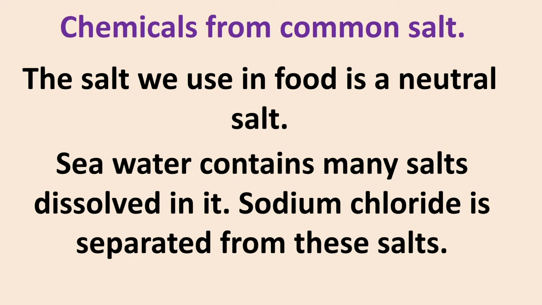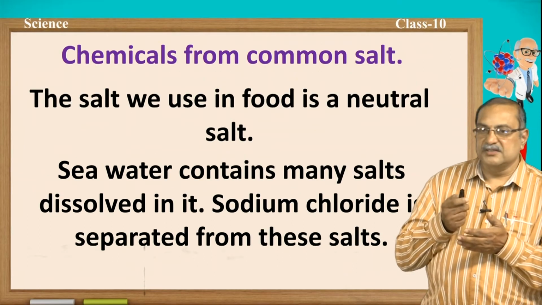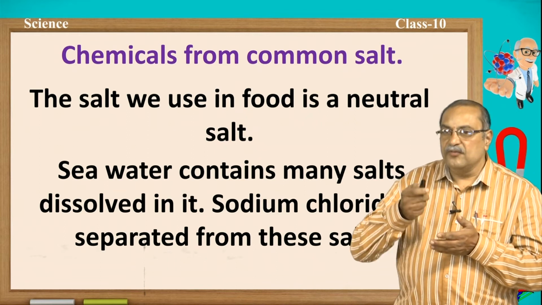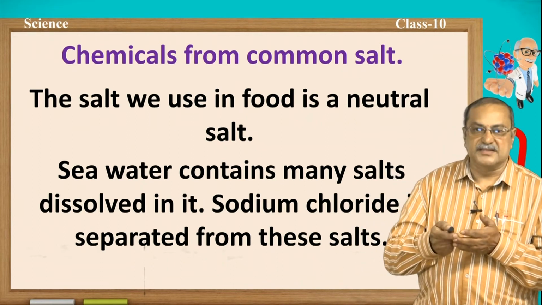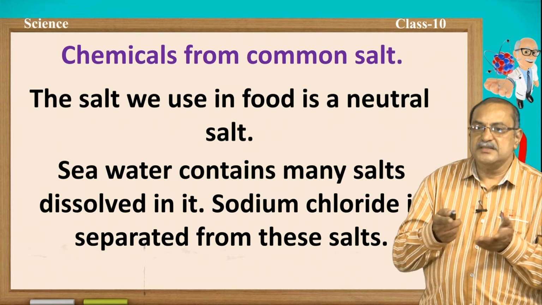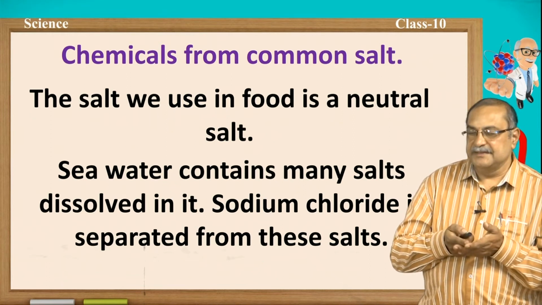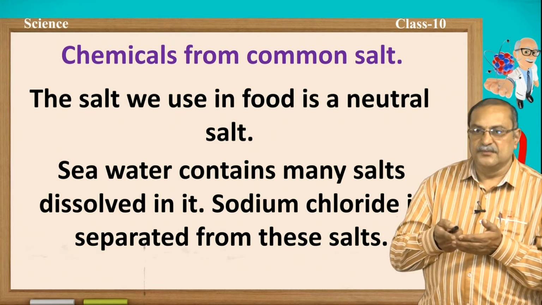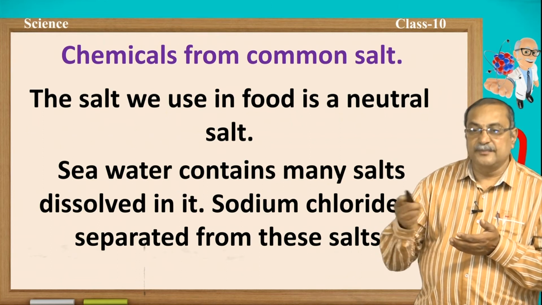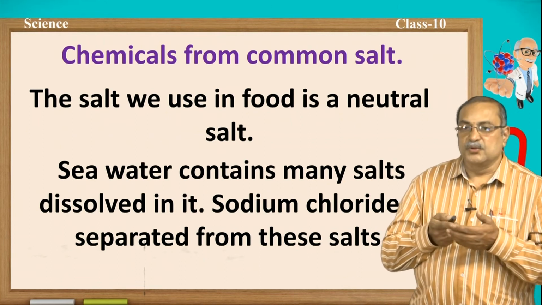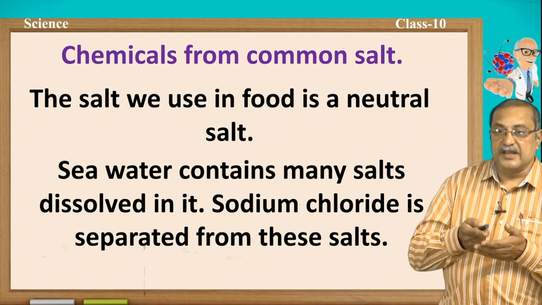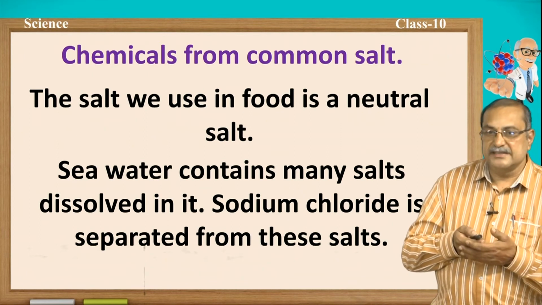It is the product obtained by the combination of acid and base. Salt is obtained by the reaction of acid and base. Common salt means sodium chloride: NaOH plus HCl gives NaCl plus H2O. So, this is the reaction we have seen, and this is the neutral salt.